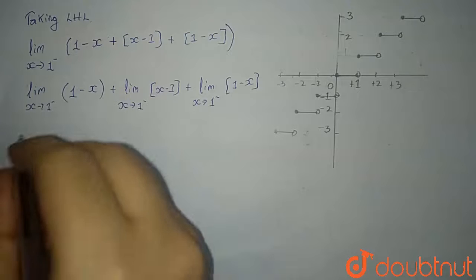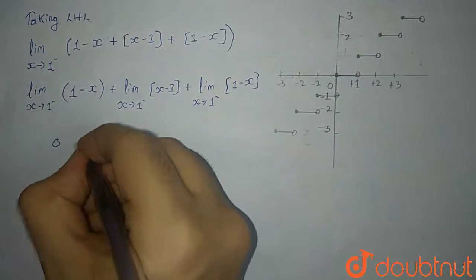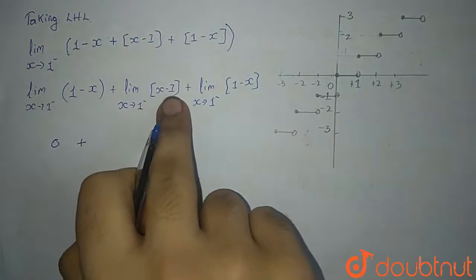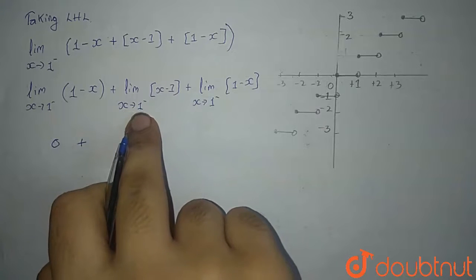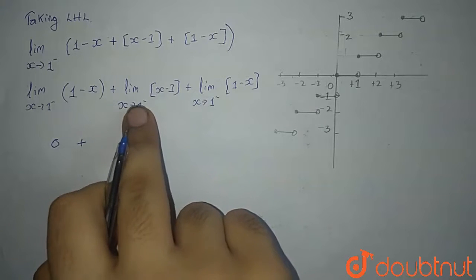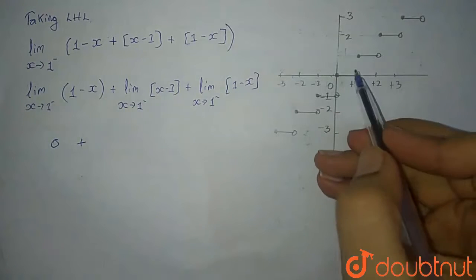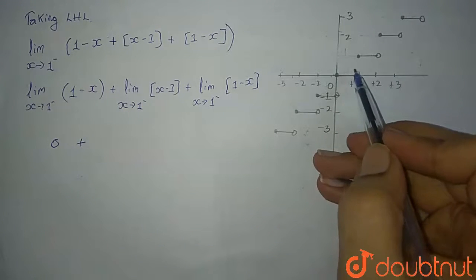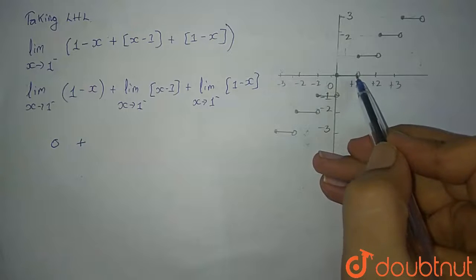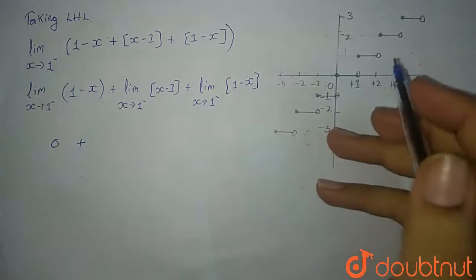Now this will be again 0 plus, let's check this, greatest integer of x minus 1 with x tends to 1 minus. So now we are approaching 1 from this side. Let me take any value, for example 0.9.